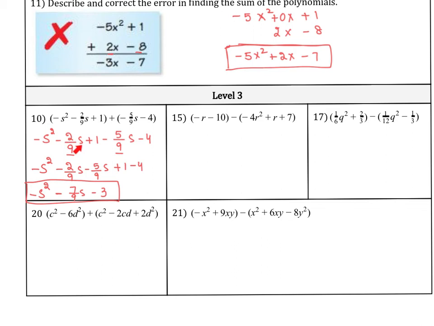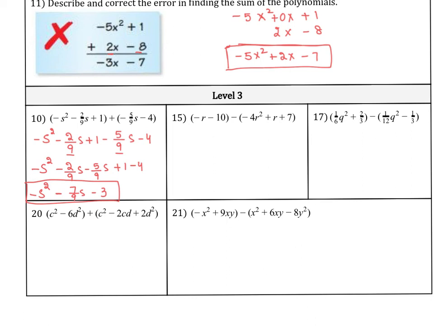Negative 2 over 9s and negative 5 over 9s, we can combine those. They are fraction terms, but we don't have to worry about it because they have the same denominator. So we just have to add the numerators. So negative 2, negative 5 is negative 7. So negative 7s over 9. And this one is 1 minus 4, and that's negative 3.